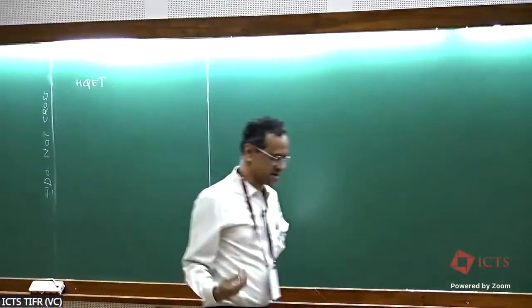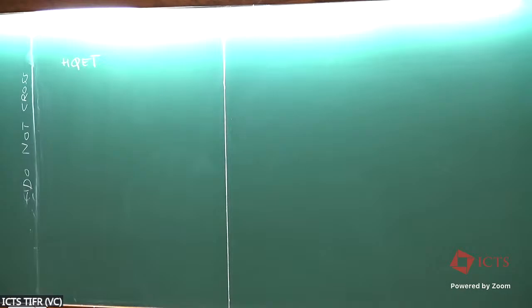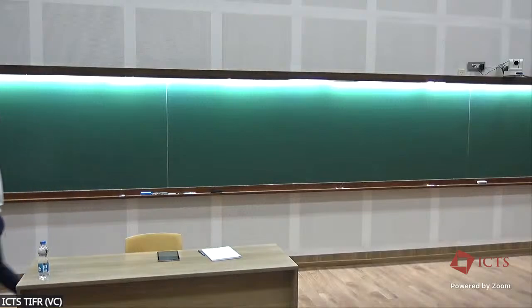We've looked at what HQET tells us about these heavy light systems, and one important use for HQET is calculating decay rates in these systems.